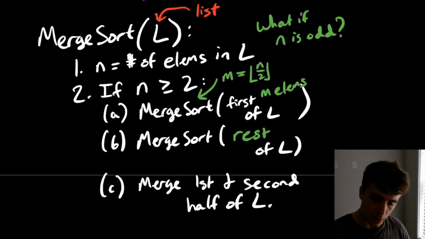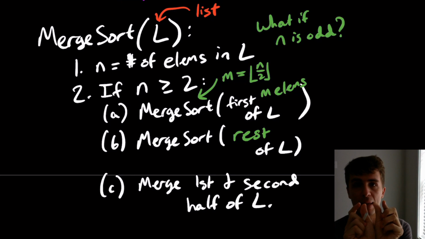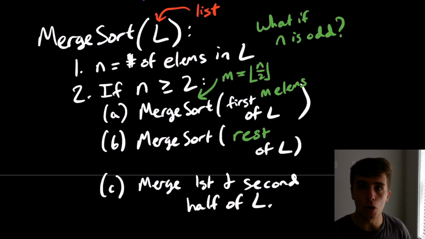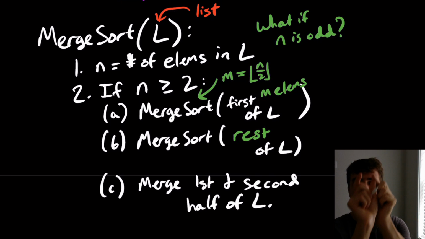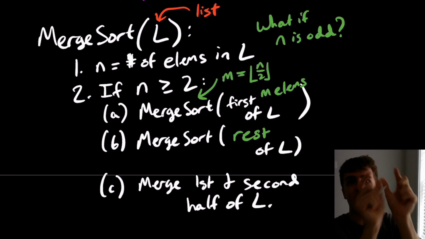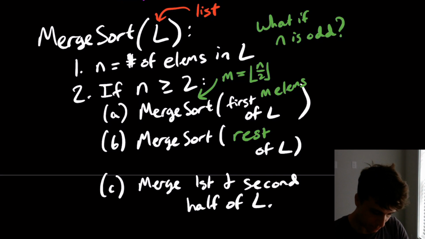So at some point, at the very bottom of the recursion, we're going to have two lists with exactly one element in them. And then we're going to merge those two lists with one element in them. And we're going to now have a sorted list with two elements in them. And then the next recursive case up above that is going to eventually have two lists that are both sorted of size 2 each, and then we'll merge those together, and then just keep going over and over and over.